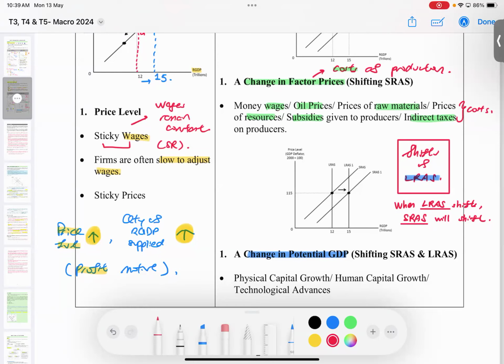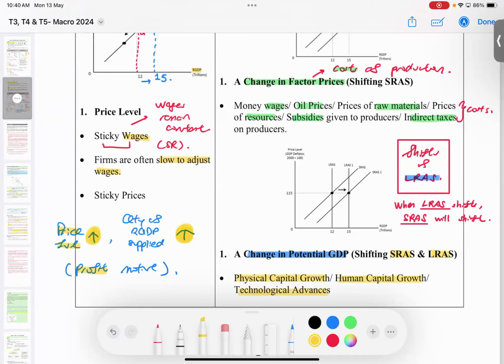These are the three factors that can shift the LAS curve, and they will have an impact on the SAS and LAS curves.